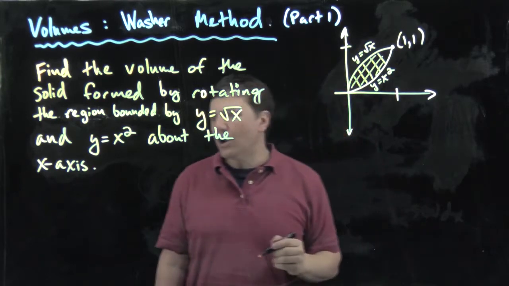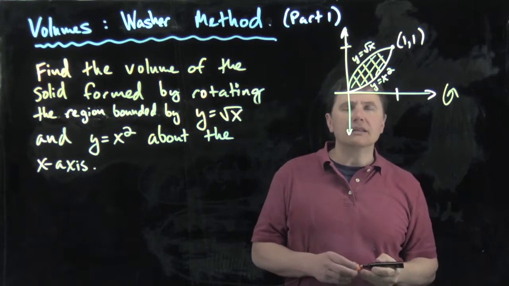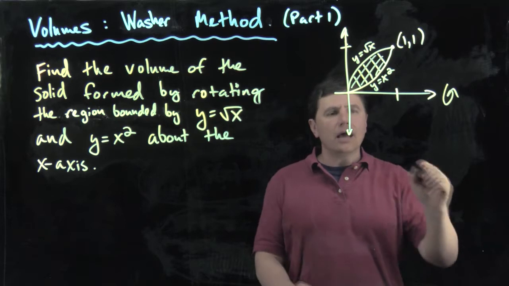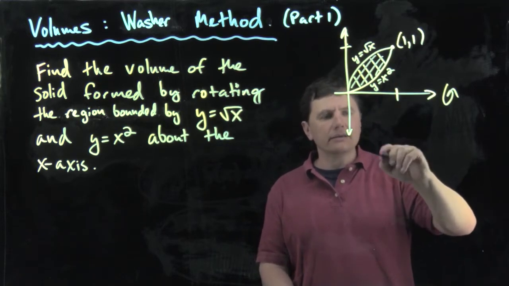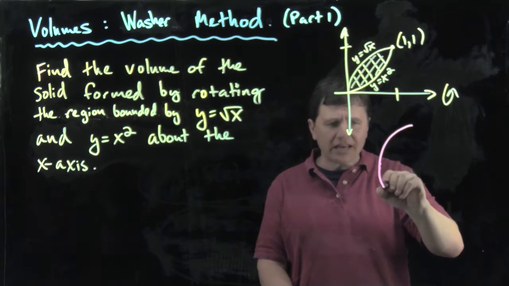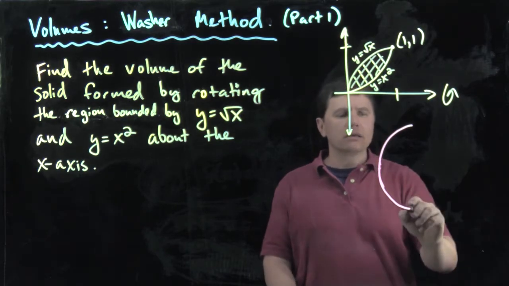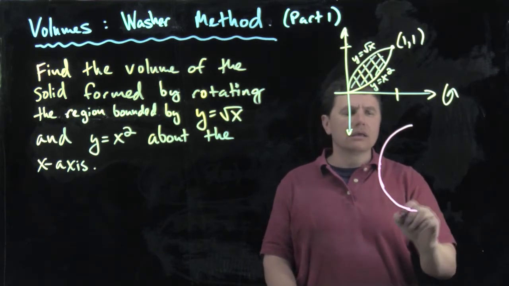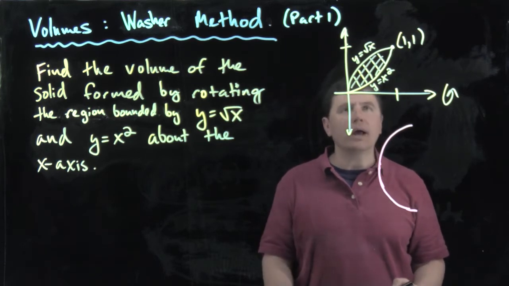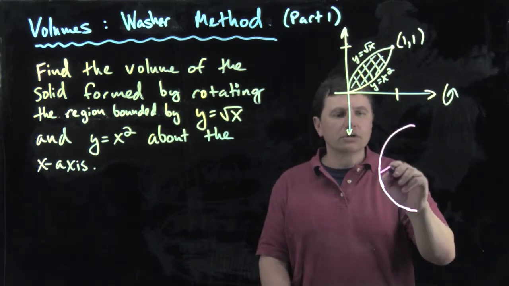So in this video, what I want to do is leave this fairly basic, and we're going to rotate this about the x-axis. So if we can visualize what this thing's going to look like, on the outside it almost is going to look like half a hemisphere, okay? And then inside it's going to have this hollowed out shape.